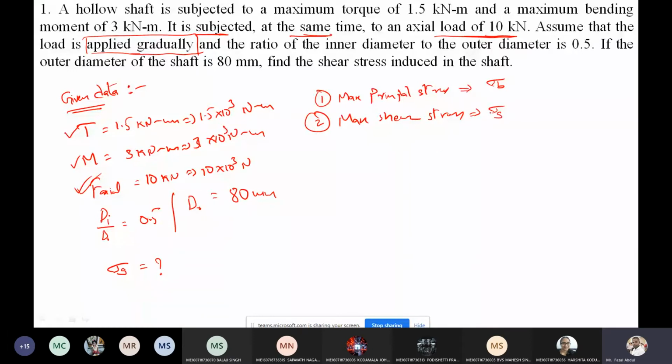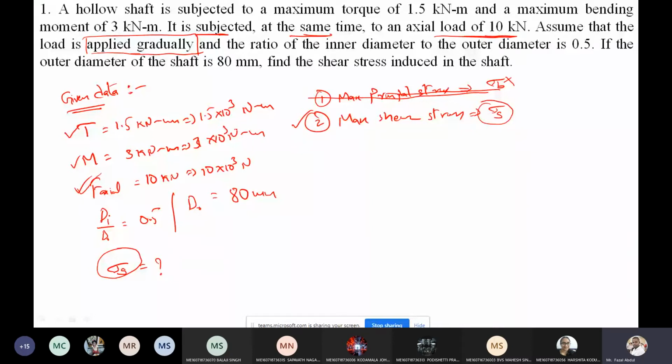Here shear stress appears in the question. The question itself is asking to find the shear stress induced in the shaft, but sigma b is not given. For that reason the first theory is not suitable. The second theory is best suited for solving this problem. What is that equation?